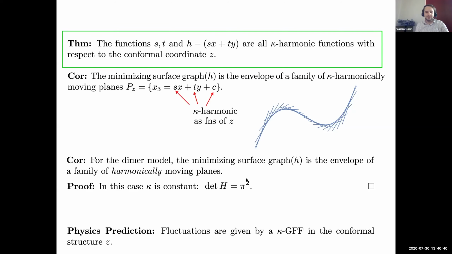But as far as I know, no model with varying kappa has the fluctuations worked out. I'd be happy if someone knew some such model.